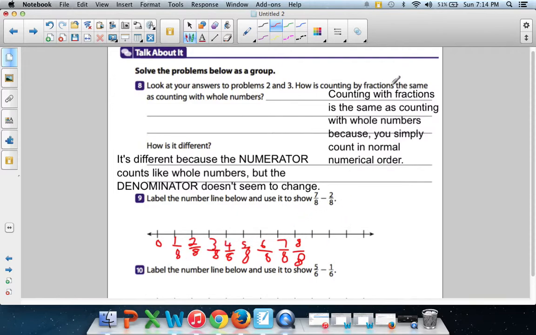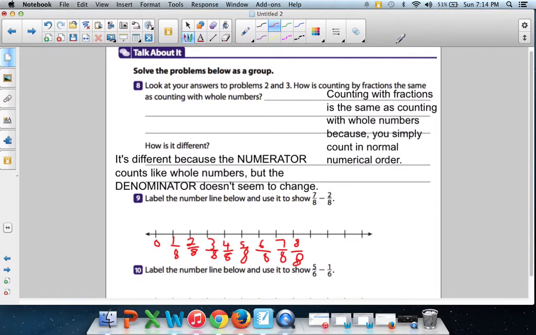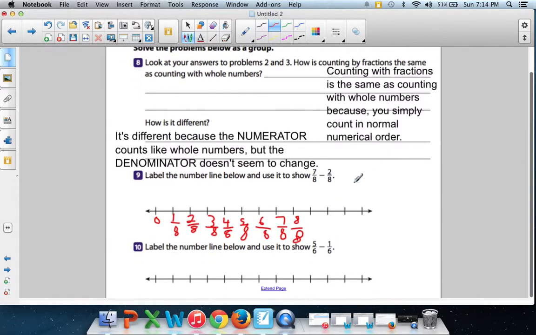You don't want to label it with sixths or sevenths or anything else like that. You want to label it with eighths because eighths is the common denominator. The top is where you count normally, 0, 1, 2, 3, 4, 5, 6, 7, 8. The bottom is all eighths, just like the bottom over here.